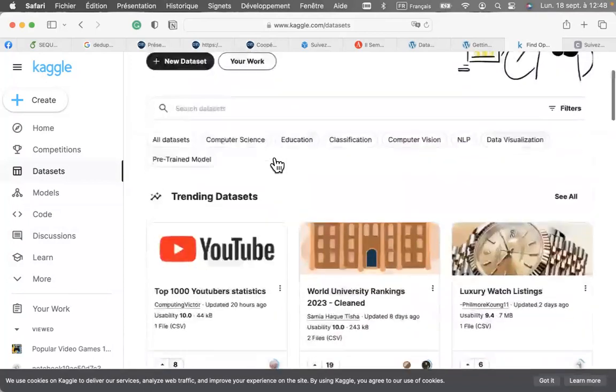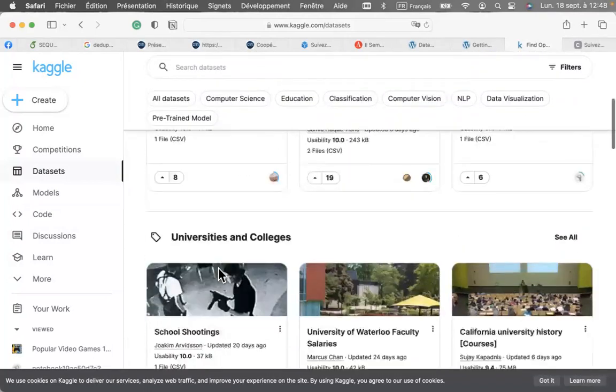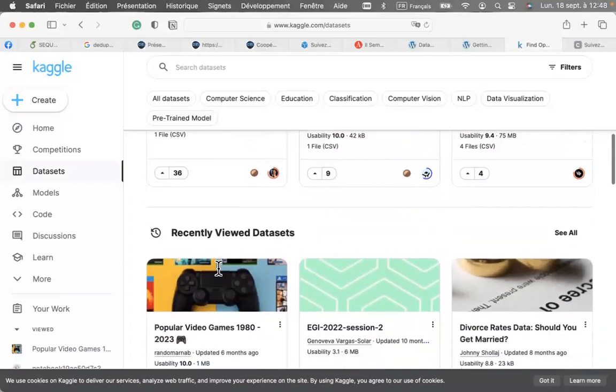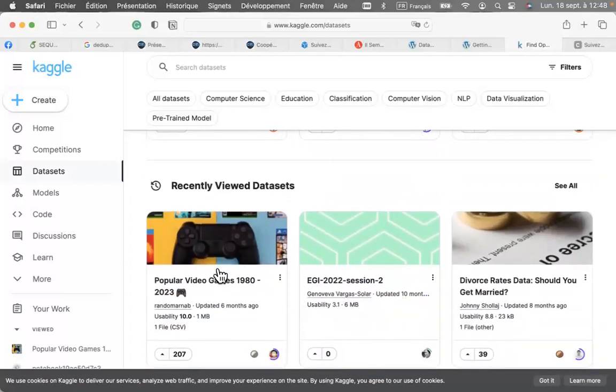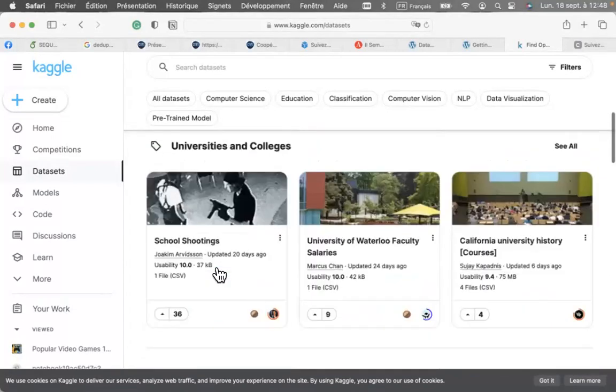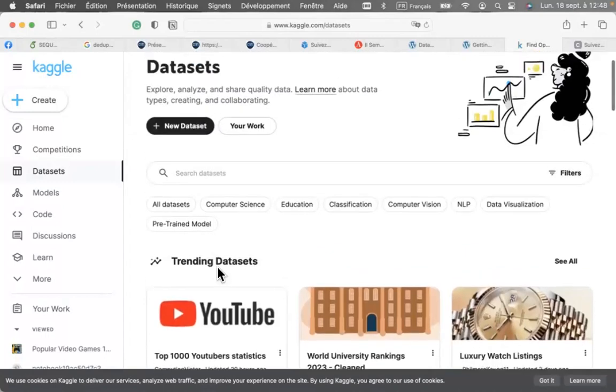And here you have the data sets that have been shared by the world, okay? This works as a search engine, so you can ask for topics, and it provides you with data sets that claim to have been used or to contain data on the different tags, okay?